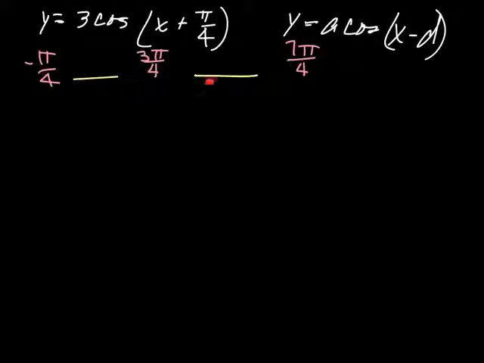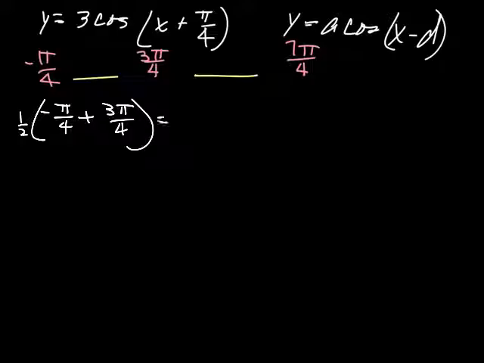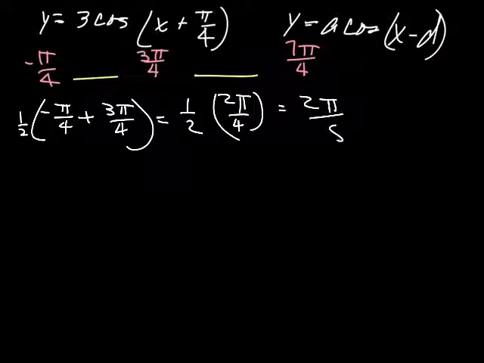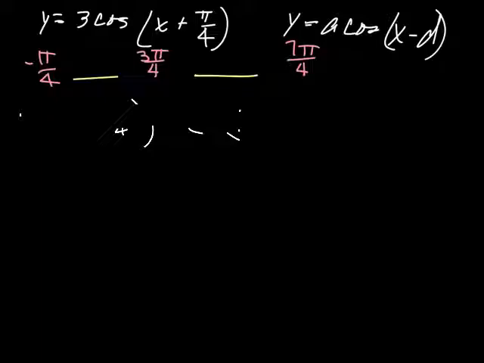So 3 pi over 4 is our halfway. Now we're looking for this number and this number. This number is halfway between these, so I'm going to take 1/2 of negative pi over 4 plus 3 pi over 4, which equals 1/2 times 2 pi over 4, which equals 2 pi over 8, which equals pi over 4. So pi over 4 goes here.